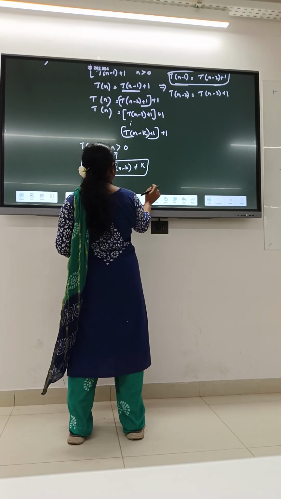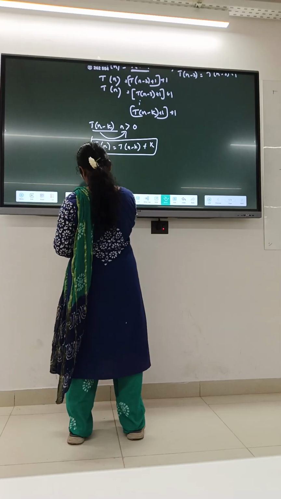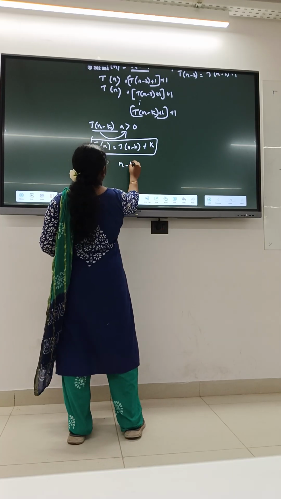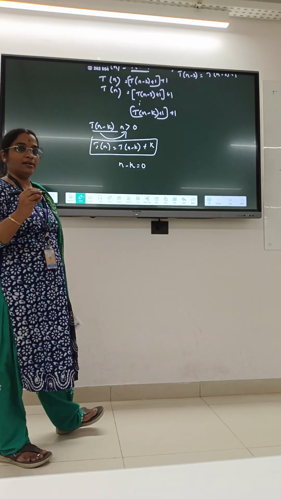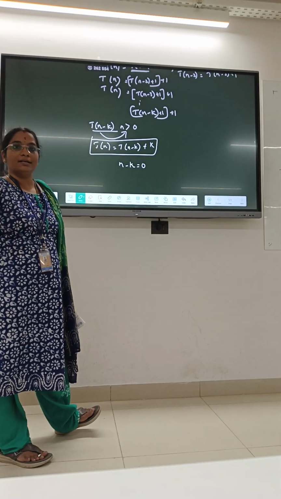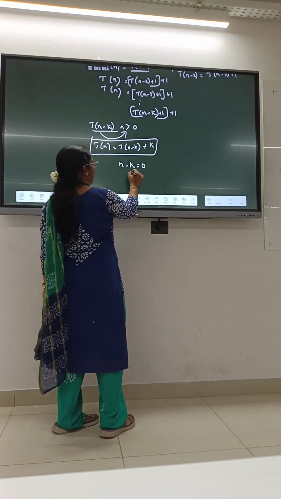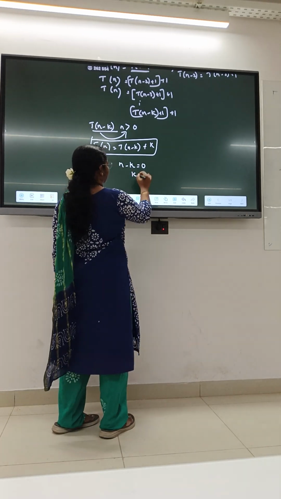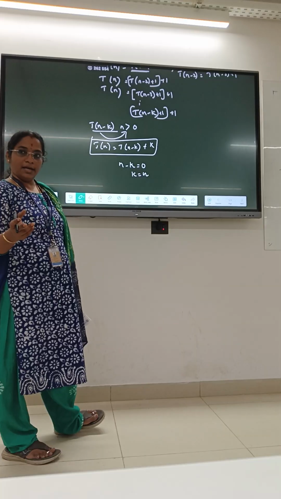Okay. So we know that this condition is going to get stopped when n minus k is equal to or less than 0. So I am making n minus k equal to 0. So k equals n. Right? Okay.